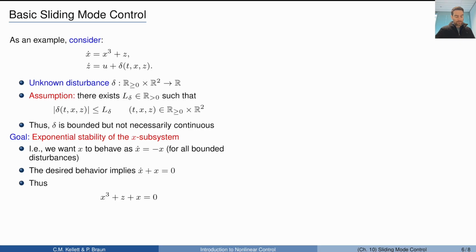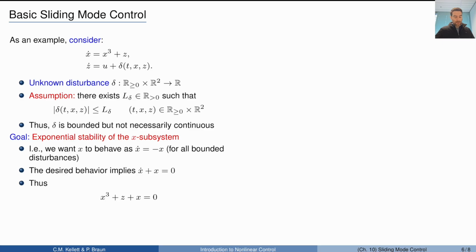And that should be the case for all bounded disturbances. We could also add minus 2x here, but this guarantees this system here is exponentially stable or asymptotically stable. So that's what we want to achieve, but we can also change the convergence rate here.